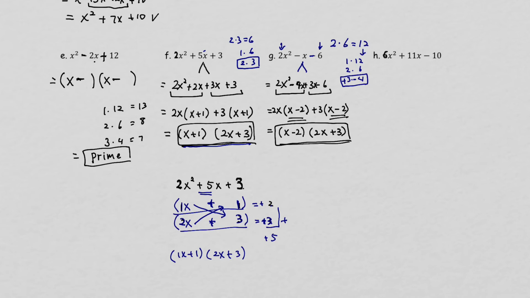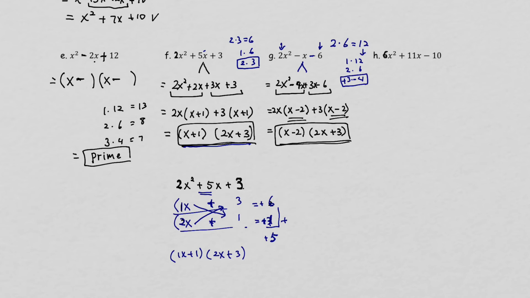What if you end up not writing them in the right position and you didn't get 5? For example, let me erase this for a second. Let's say I don't have 1 and 3, but 3 and 1. Then when I cross multiply, this is going to be 6 and this is going to be 1, and when I add them, it will be 7.